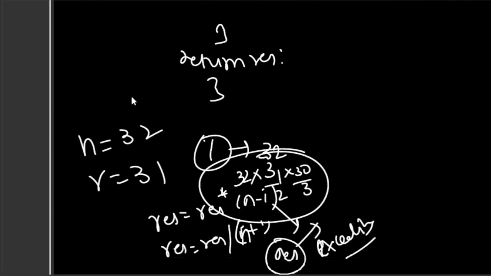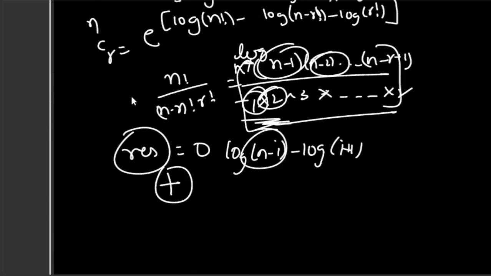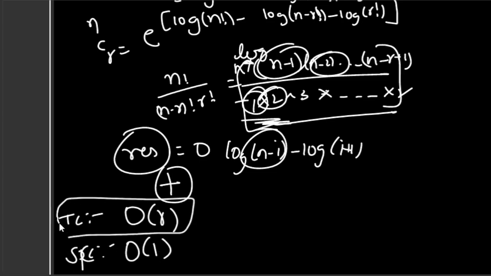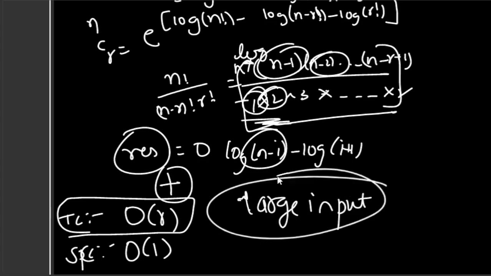So here in the logarithmic way the time complexity will be the same, O of r, and space complexity will be O of 1. But the advantage here is that it can easily adapt to large inputs, and it will work better than any other previously discussed algorithms.